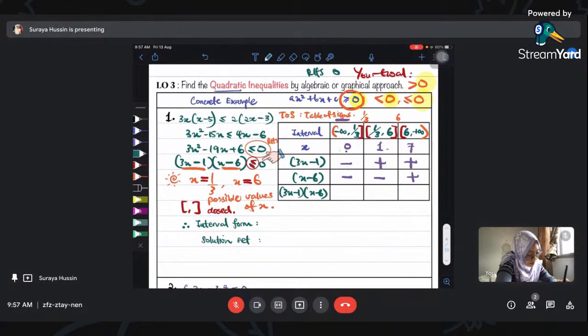So at the end of this, disebabkan dia darab kan? This is times, right? So when this is times, you solve it lah. Negative, sorry. Sekejap. Sorry. So negative times positive is negative. Positive times positive is positive. So here, you got positive, negative, and positive.